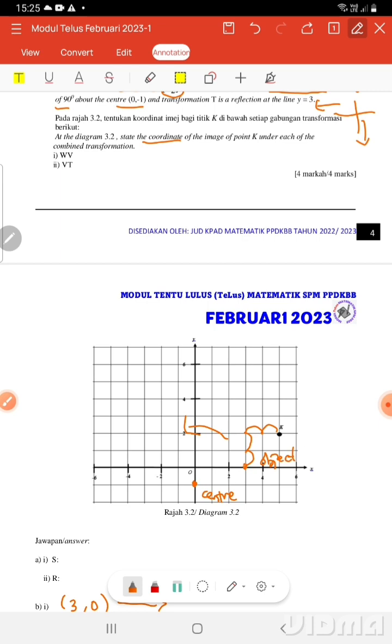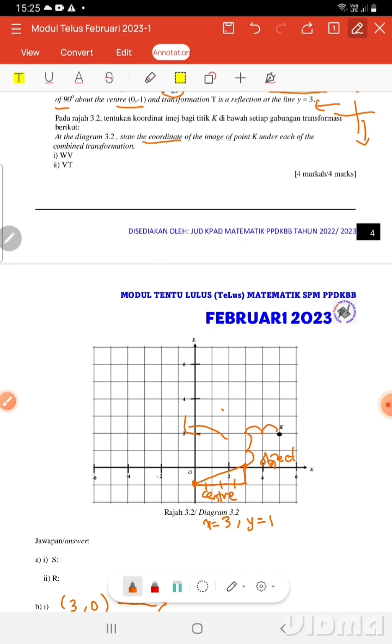So here, this is your center and this is your object. Make one line, and then make a triangle here. And you read the triangle, where for your triangle here, your X is 3 unit and Y is 1 unit. So to find your image, from your center, before that, put your direction, because you want to know where is your image. So when you put your direction, you know from here where you want to go.